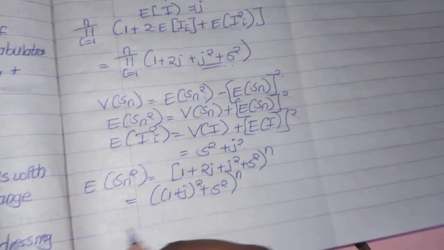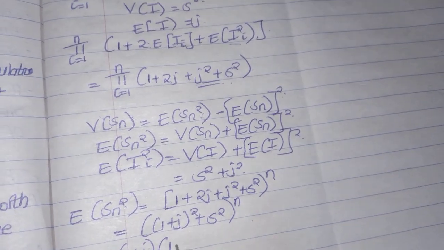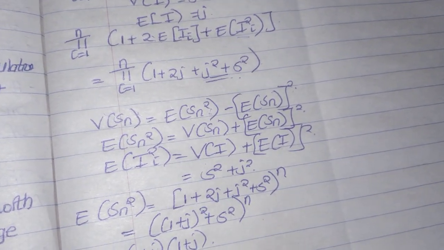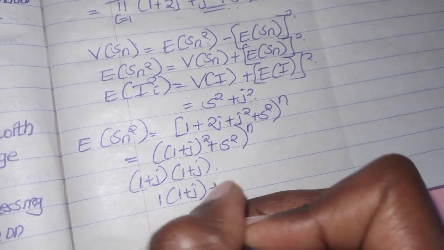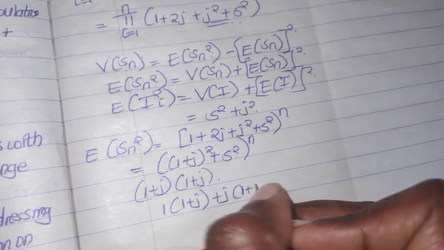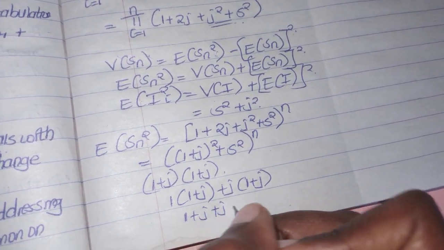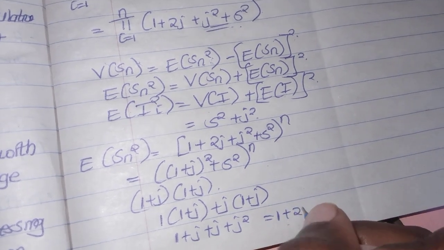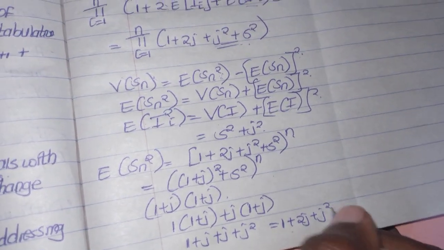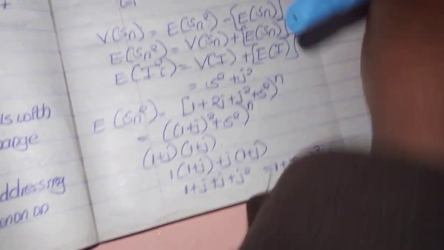I hope you get it, because 1 plus j into 1 plus j, that is 1 into 1 plus j, then j into 1 plus j, so this will be 1 plus j plus j plus j squared, which is equal to 1 plus 2j plus j squared. That is what we have here. Okay, so we continue.